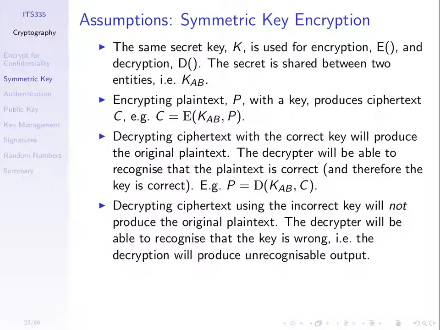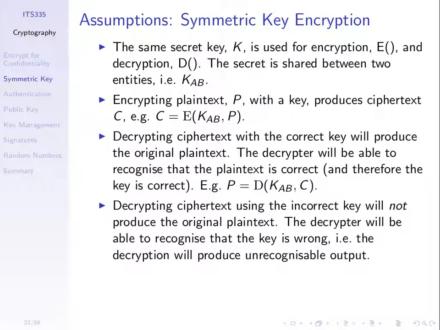From the other perspective, when we're decrypting ciphertext, if we decrypt using the wrong key, that is, the plain text was encrypted with KAB and I try to decrypt it with KAX, not the same key, then we'll assume that the plain text that comes out is of course not the original one, and that we will recognize that it's not the original one.